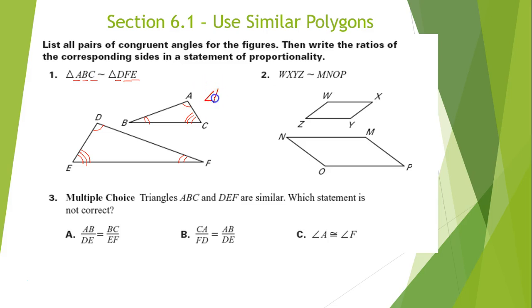So angle A is congruent to angle D. Angle B is congruent to angle F. And then angle C is congruent to angle E. And we're done with that. So this is how I want you to list all congruent angles right here.